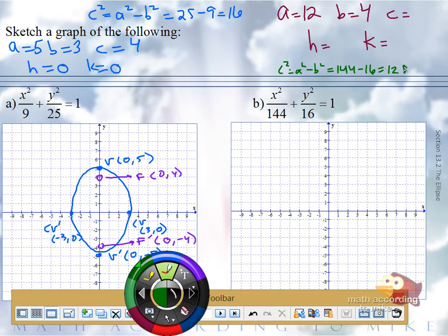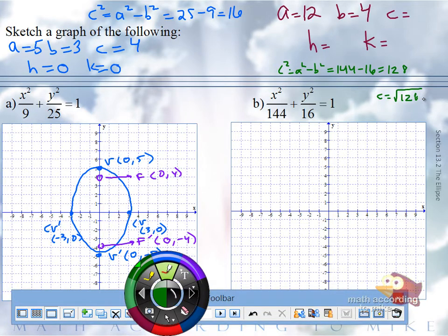128. Square root of 128 contains a perfect square. Does 16 go into it? 32, yes it does. Is 16 the biggest though?